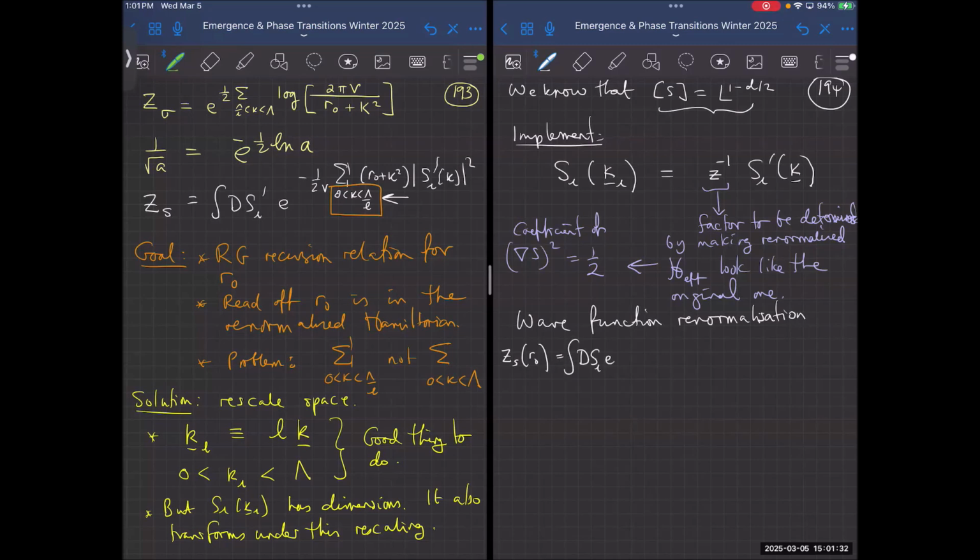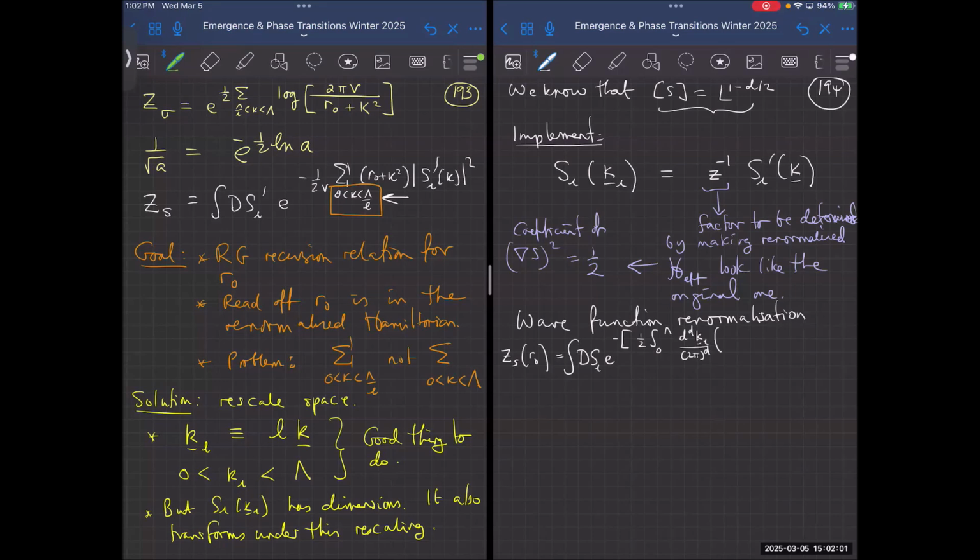So here's our measure, then e to minus stuff. So I've got 1/2. Then I have my sum over k. I'm now going to write as an integral over k. And now the integral is going to go up to lambda. d^d k_L over 2 pi to the d.